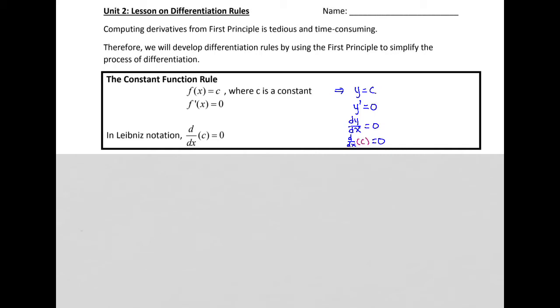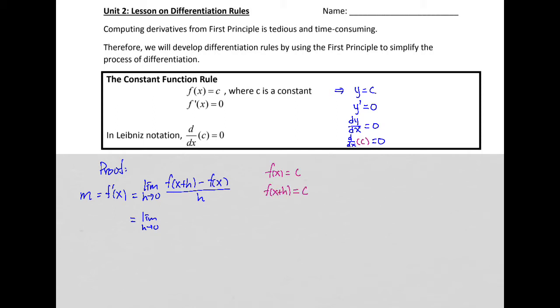All right, let's do the proof. f prime, which is your slope of a tangent, equals the limit as h is approaching 0 of f(x plus h) minus f(x), divided by h. And let's find out what will be f(x plus h) on the side. So we know f(x) equals c. Then f(x plus h) will be c.